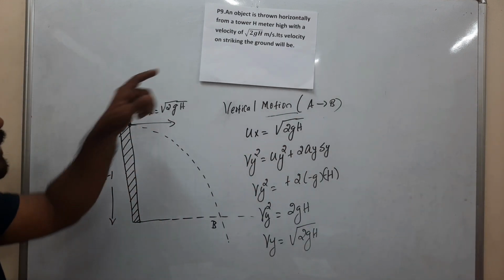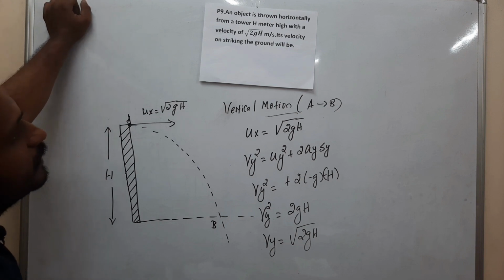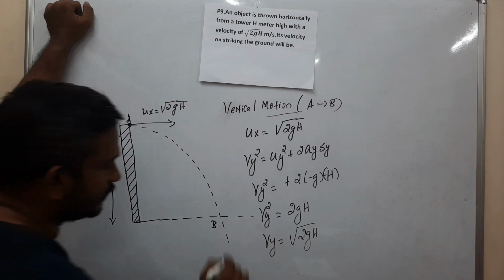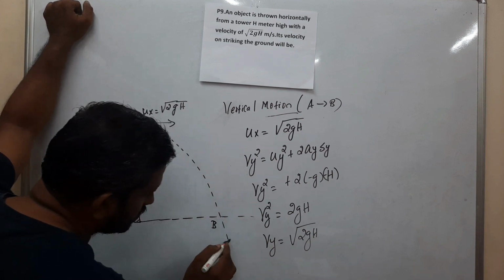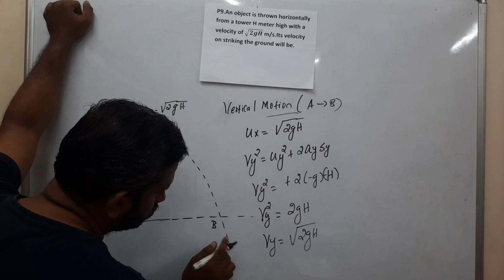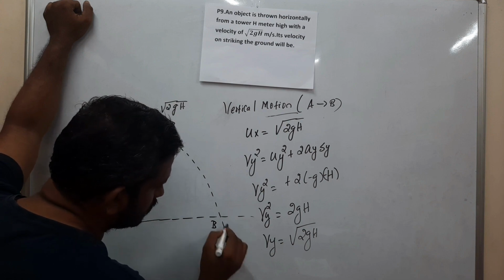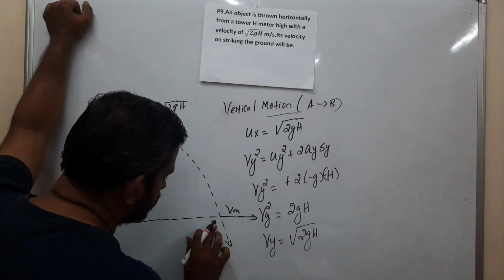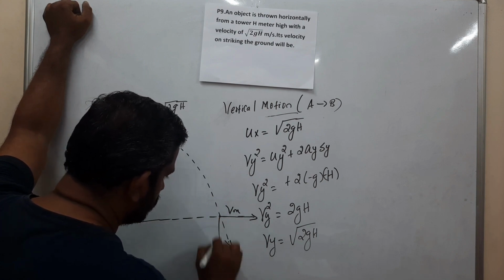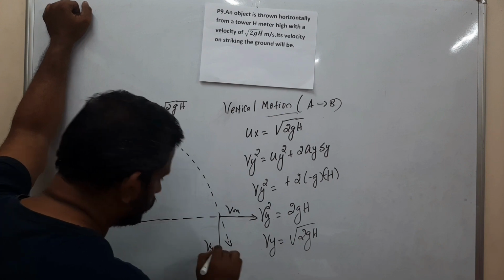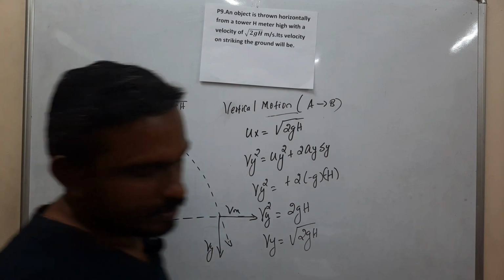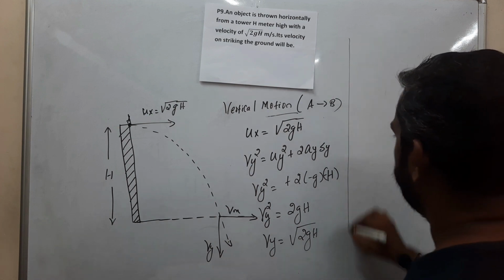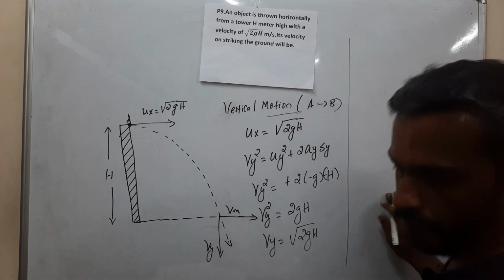So what we have to find is its velocity on striking the ground. So this is the velocity on striking the ground. It has two components, Vx and Vy.